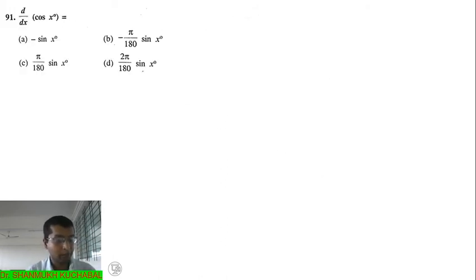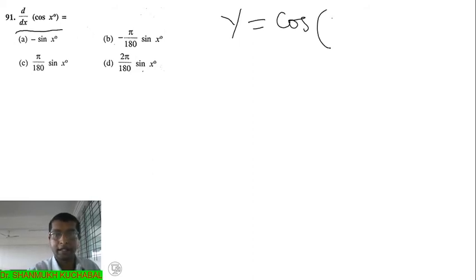Further, example number 91: we have to find d upon dx, the differentiation of cos x degrees. It is in terms of degrees, so we have to convert into radian measure. Conversion is just multiplying by pi divided by 180. So y equals cos of x pi divided by 180.